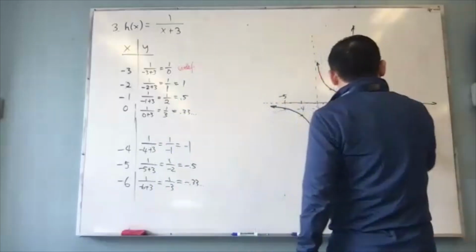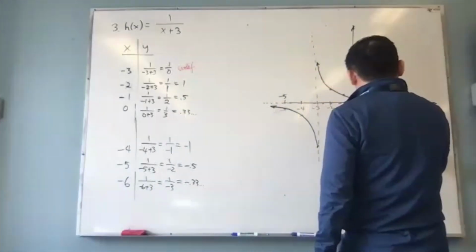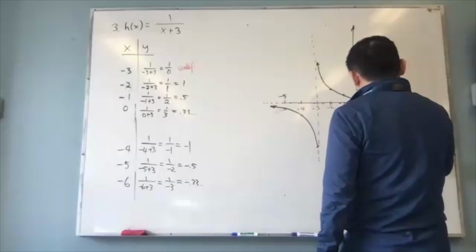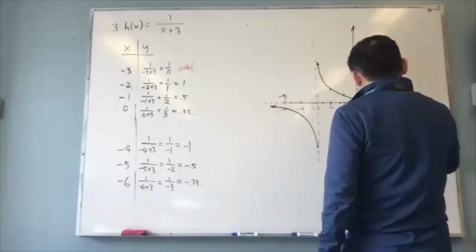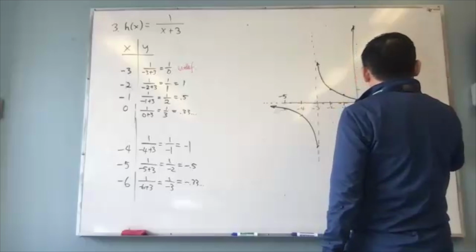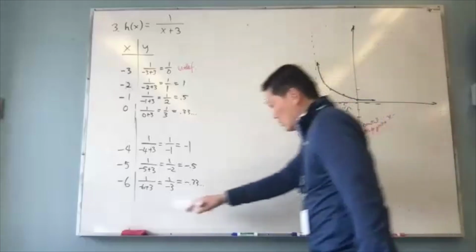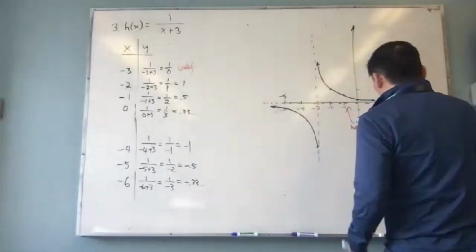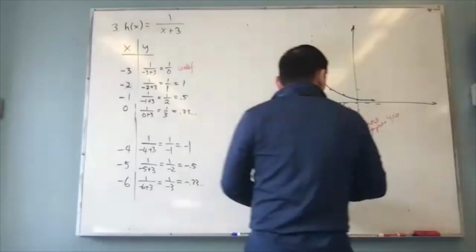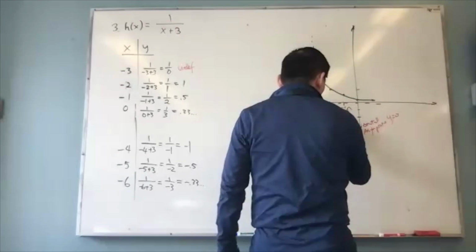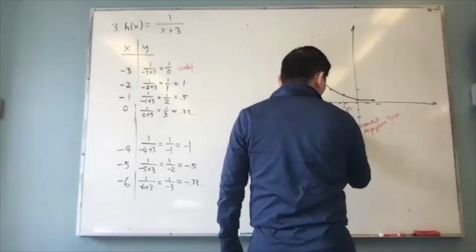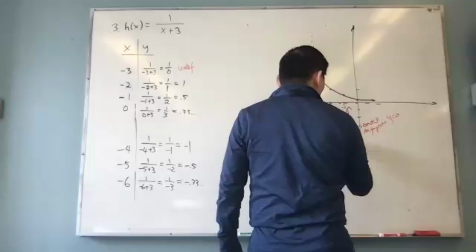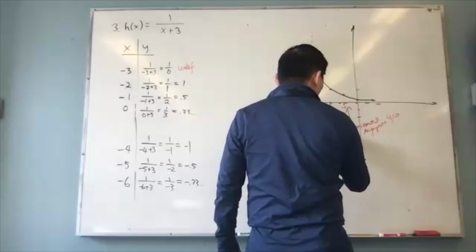So I have a horizontal asymptote at y equal to 0. I keep switching them. Y equal to 0, and vertical asymptote at x equal to negative 3.